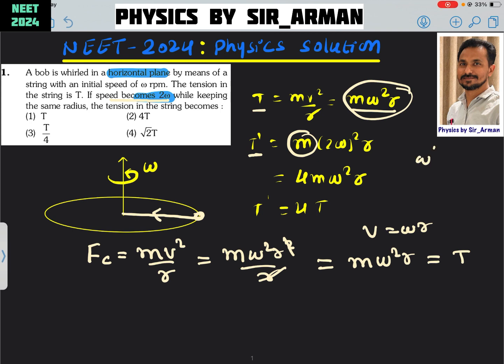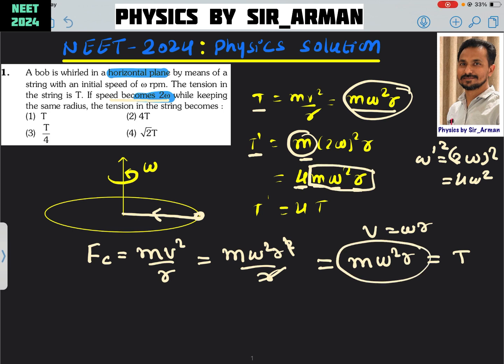If you square it, you will get 4 omega square. So it is 4 m omega square r. If you compare with the first equation, it is 4 times the first, which means the new tension will be 4 times the original tension.